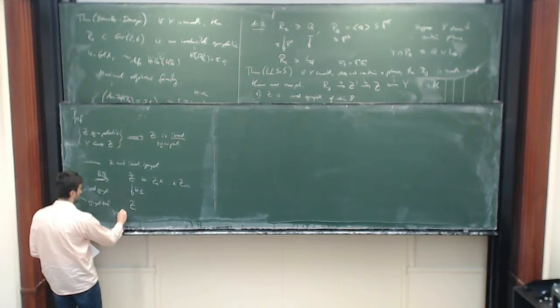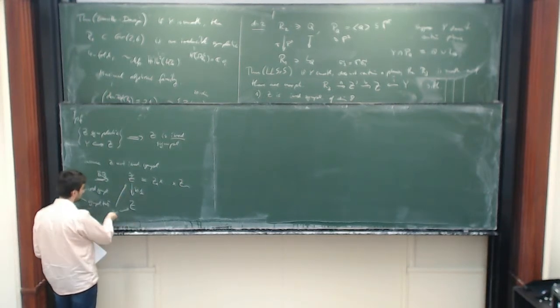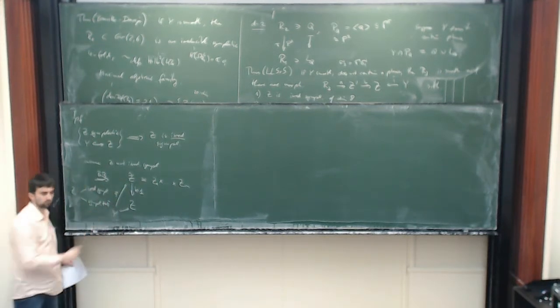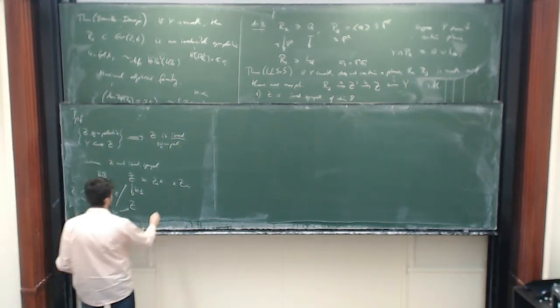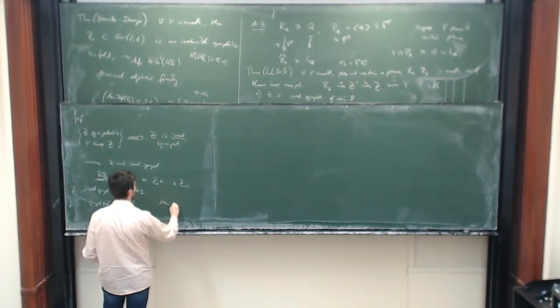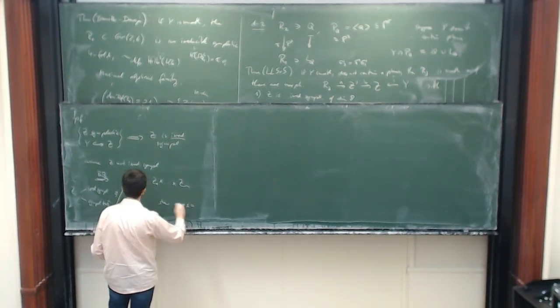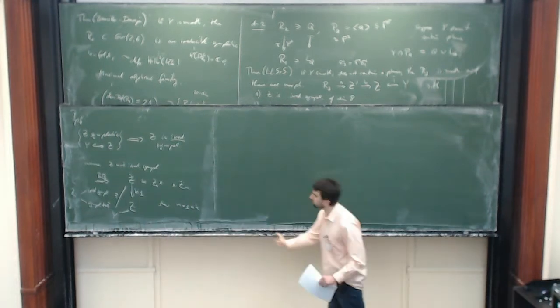And for the reason that Y is simply connected, you have a lift to Z tilde. And then we will show that m is 1 and k is also 1.